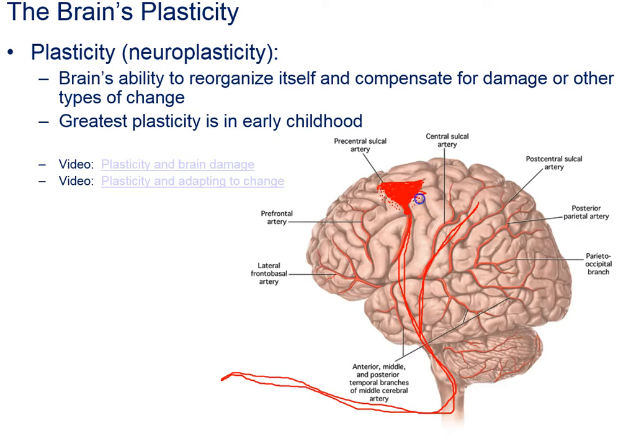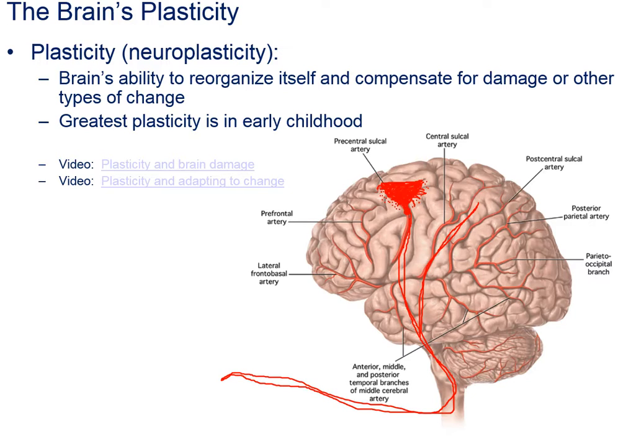And it's almost as though these healthy neurons are recognizing that something's not working, and they can actually change function and kind of pitch in and take over the function that some of the neurons in this damaged area were doing. So it's kind of like if you noticed your neighbor was in the hospital and his grass was going really long, you might jump over and mow his grass for him, and that's kind of what's happening here.